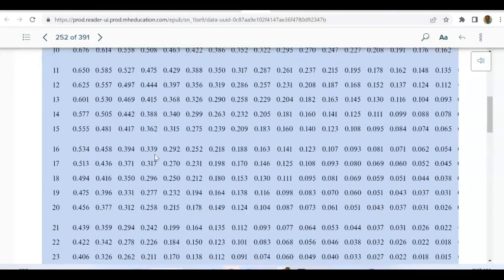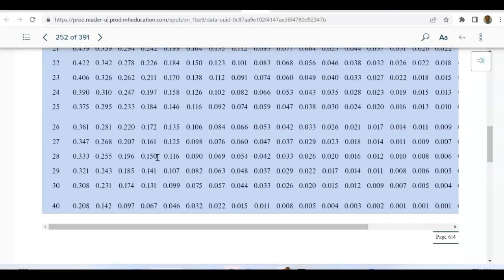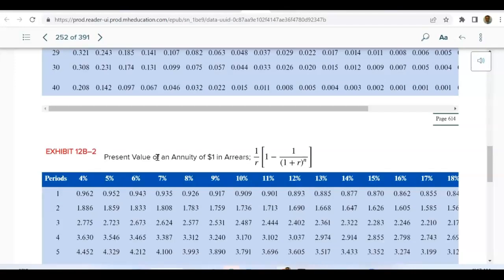We have an annuity. And what type of annuity? We have an ordinary annuity. Ordinary annuity means a series of equal payments, but the payment comes at the end of each period. If the first payment comes today, at the beginning of the period, then it's not an ordinary annuity. We call it annuity due, because the first payment is due now. But this is a saving that we recognize at the end of each year, so it is an ordinary annuity.